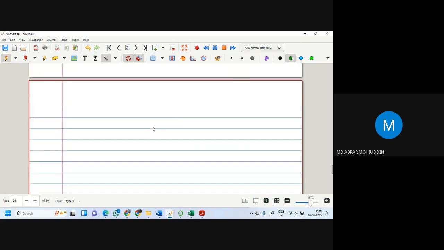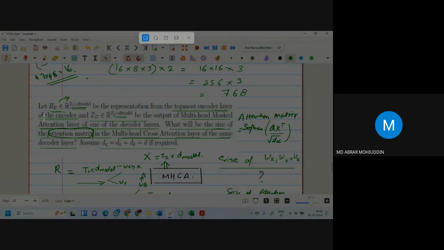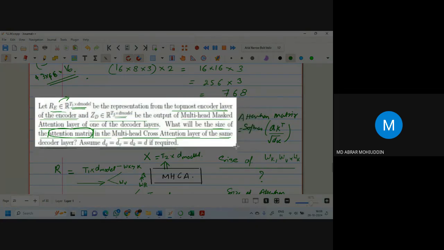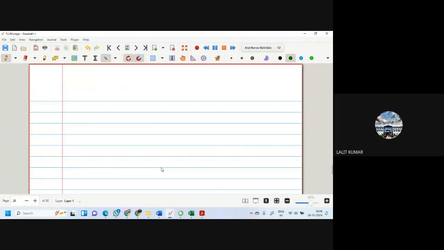Yes, sir. Q will be coming from the decoder, and that will be T2, and K from T1. Okay. So see, again, just to revise the concepts, this is the MHMA. This is giving output of T2 into D model. This is R, this is T1 into D model.